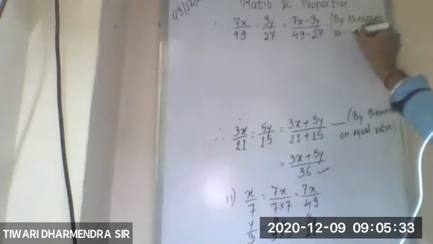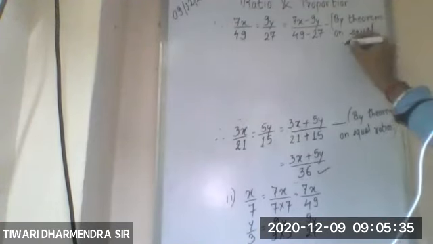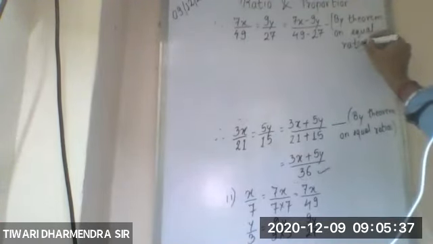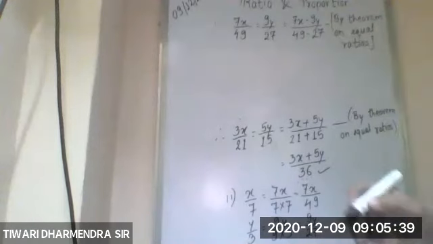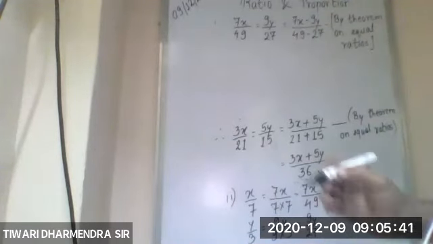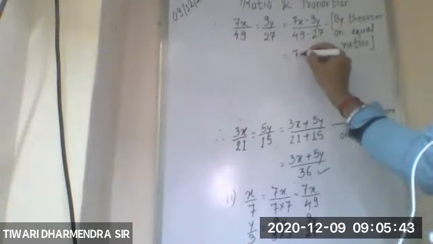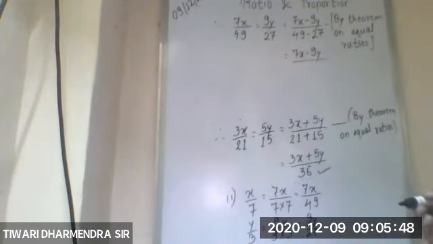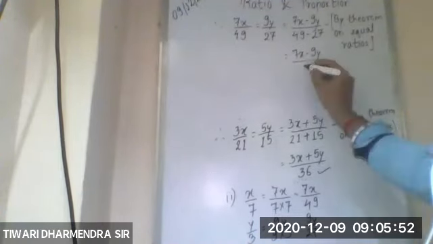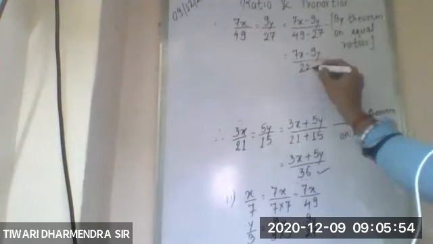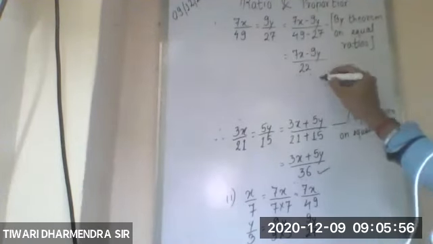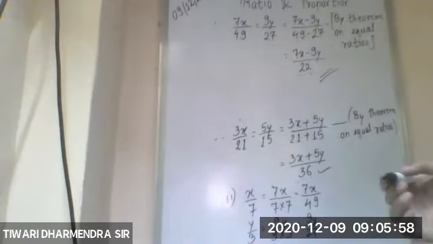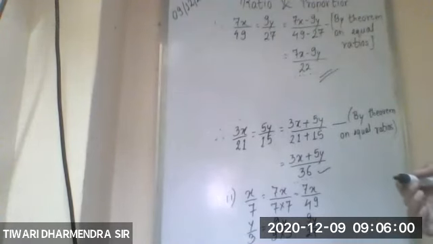So the answer is 7x minus 9y. Hope you got the answer for this. Yes, 49 minus 27 is 22. This is my second blank. Done. So we have completed question number 1, first.